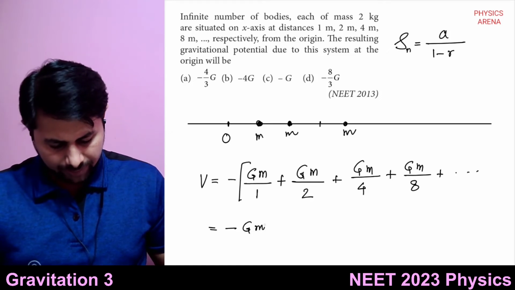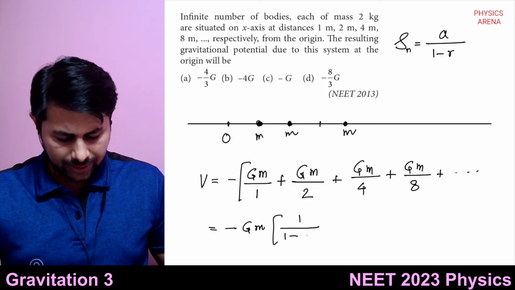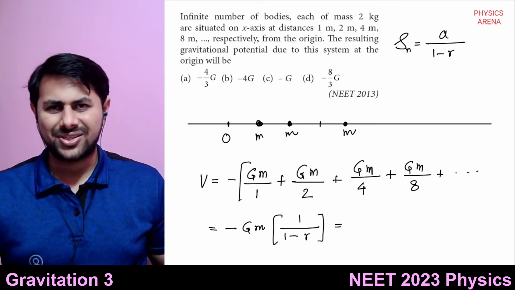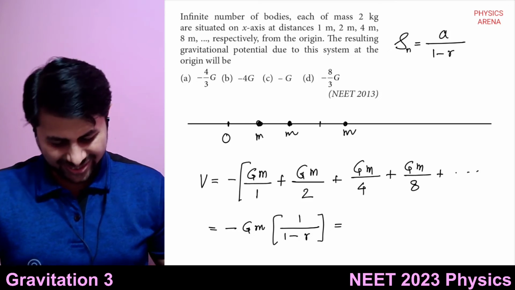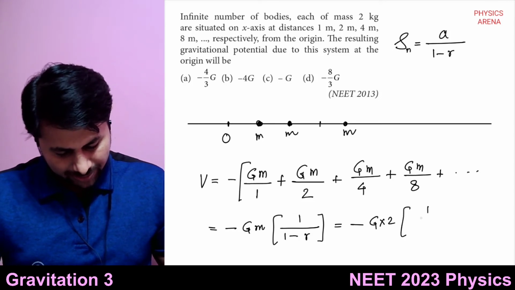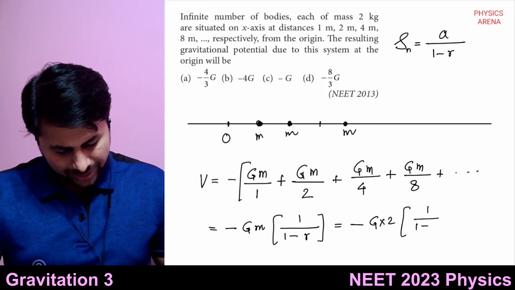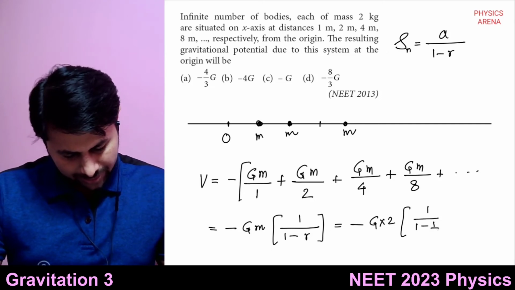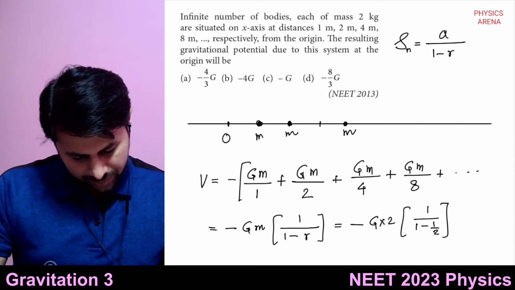Minus G times M, let me write, multiplied by 1 upon 1 minus R. But this R is the ratio, not the distance. So minus G times 2 multiplied by 1 upon 1 minus half.